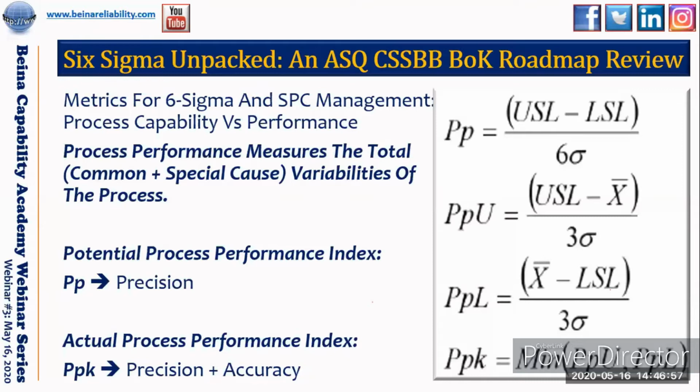The only difference between the PP and the PPK, anytime you see the K, is that we have brought the target into the conversation, and as a result, we are now measuring how close or how efficiently you are meeting the target. So that's why we say it's precision plus accuracy.